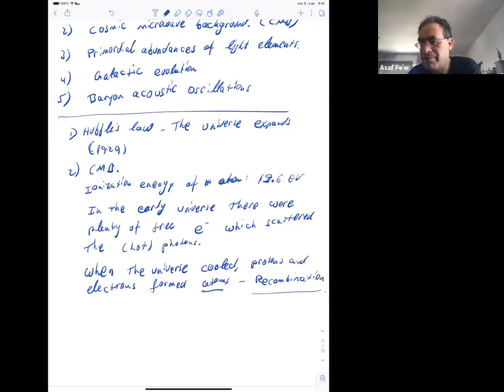They keep on flying. And they're around us everywhere. This is the 2.7 degree cosmic microwave background that we're seeing. Of course, they keep on cooling down and they keep on flying around us. So these are relics of the early times before the atoms were formed. All right.